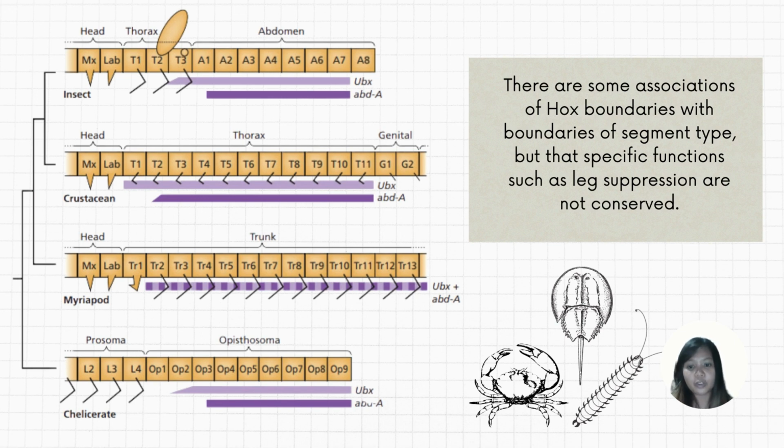While in the third figure, the myriapods, UBX and ABD-A are expressed in all but the first thoracic segment. And lastly, in the chelicerates, the anterior boundary occurs within the opisthosoma, the posterior body region, which does not bear any appendages. So there is some association of Hox boundaries with boundaries of segment type, but specific functions such as leg suppression are still not conserved.